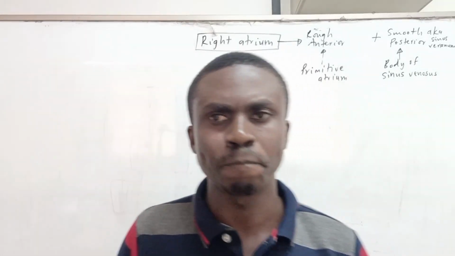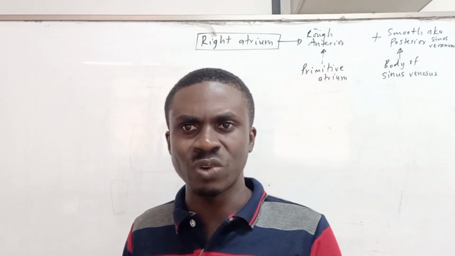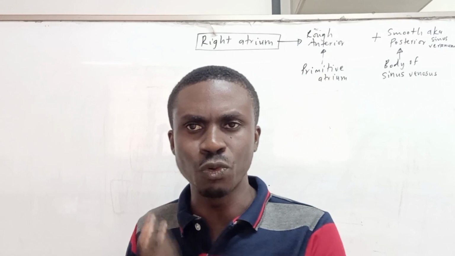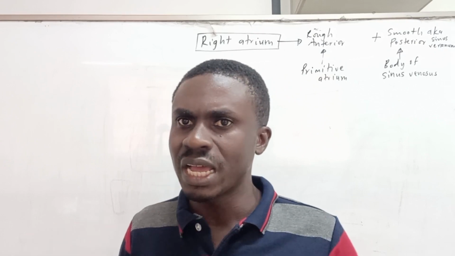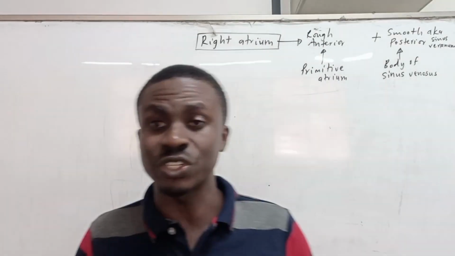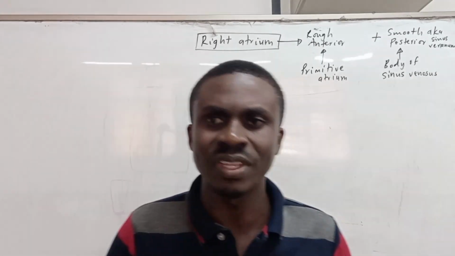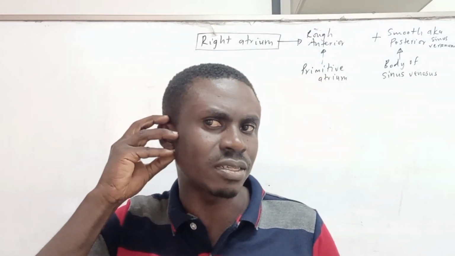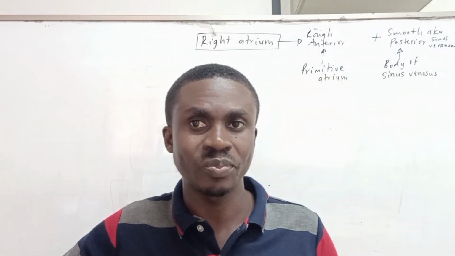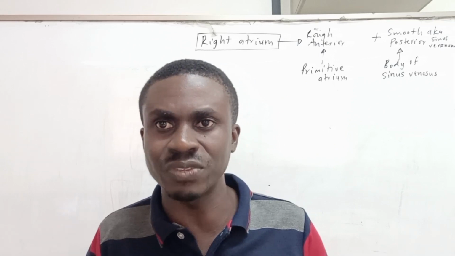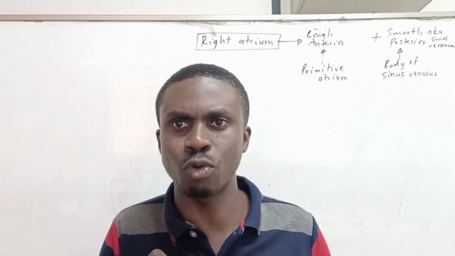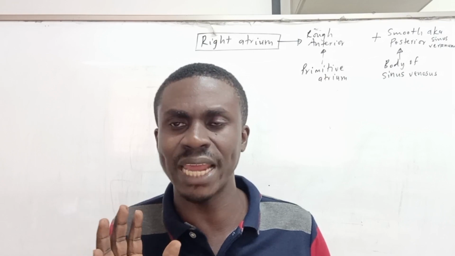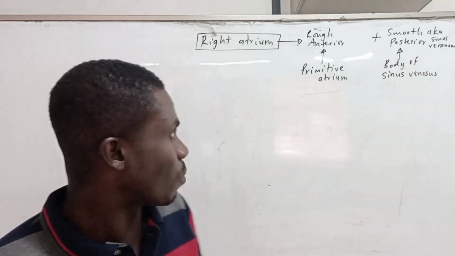The question is, what delimits, what separates the smooth posterior wall from the rough anterior portion? Now, let me also tell you another thing. In the case of the auricles, the ear-like appendages of the atrium, whether right or left, they will be made up entirely of rough components, rough throughout. And so it means that they also come from where?